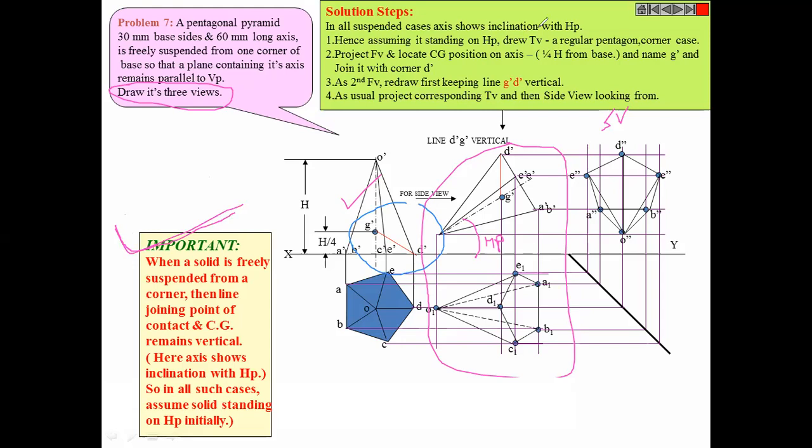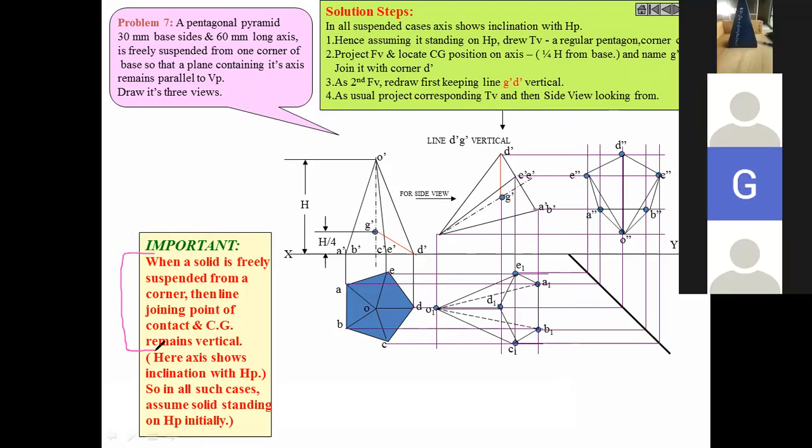When a solid is freely suspended from a corner, then a line joining the point of contact and CG remains vertical. Here the axis has an inclination with HP. So important is this much. Now I will just demonstrate it for you. Can you see this?